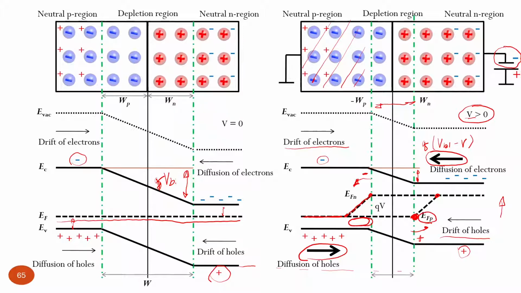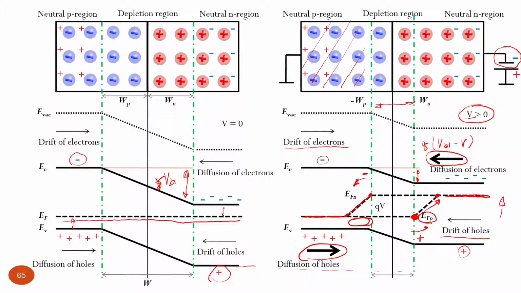But as they move further deeper in the n-type region, it comes back to thermal equilibrium because the concentration of these excessive minority charge carriers, holes in the n-type semiconductor, reduces, and we end up deeper in the neutral region with this thermal equilibrium condition. So that is the profile for the Quasi-Fermi levels distribution.